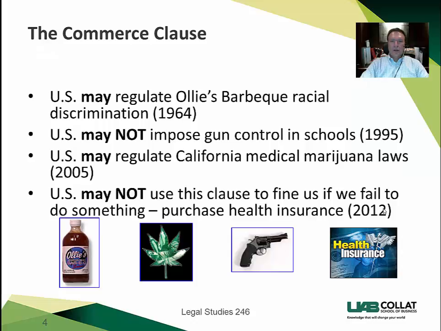The Commerce Clause has been used over the years to enable Congress to regulate business. Sometimes it has been very successfully and maybe surprisingly used, and then at other times it has not been successfully used to regulate business.